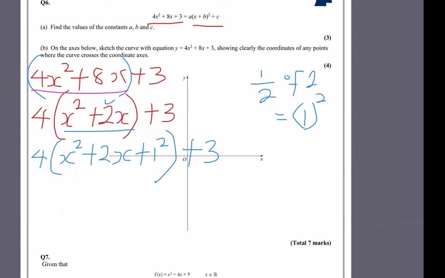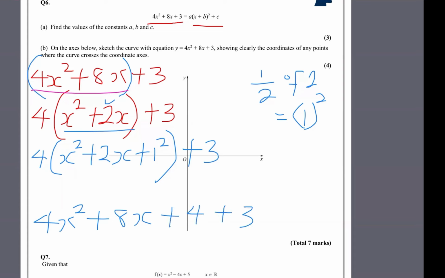You notice here that what we have on the third line is 4x squared. If we choose to expand the bracket, we have 4x squared plus 8x, right, plus 4 and plus 3.